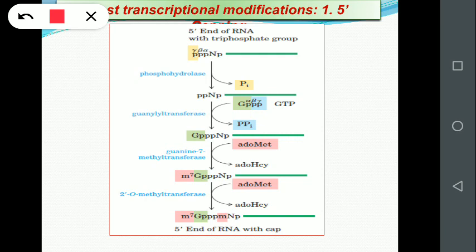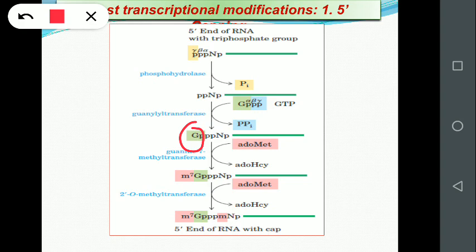And then that GMP, shown in green, is again methylated at specific residues. This methylation is called cap 1, cap 2 and cap 3, so in that way two or three methylations take place.